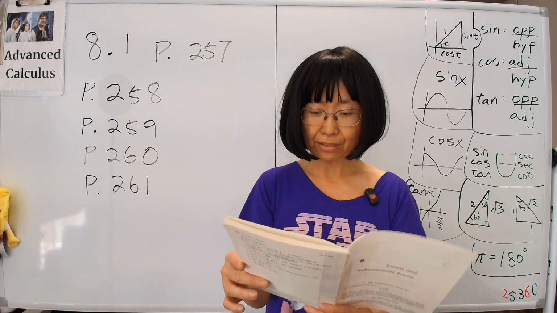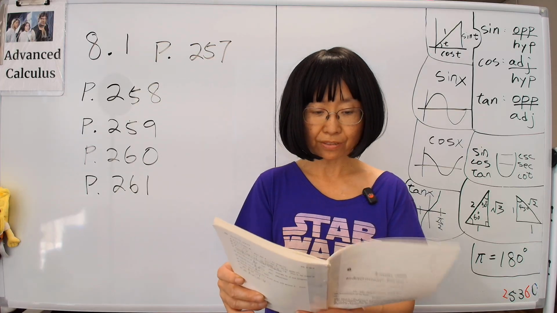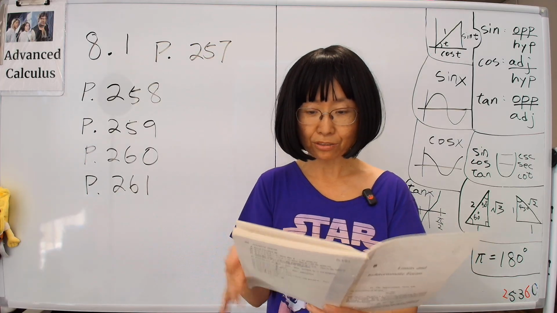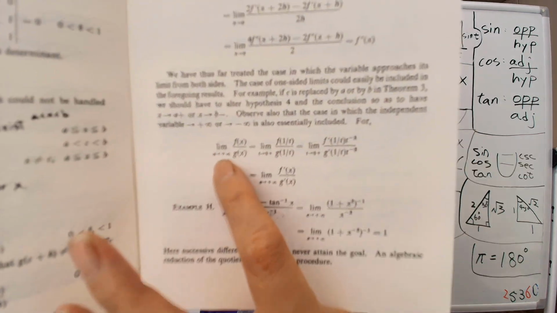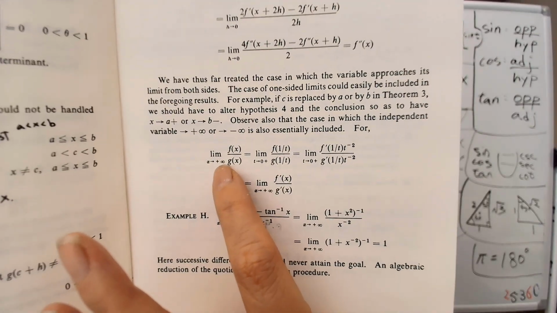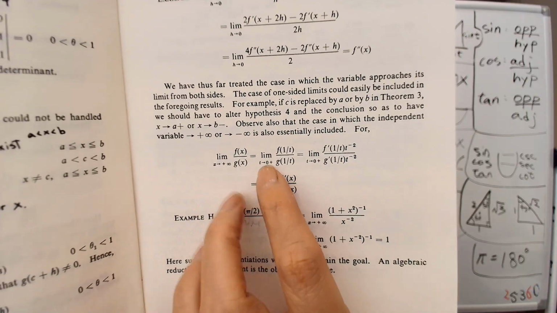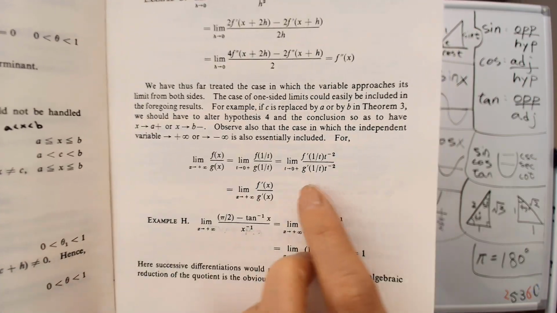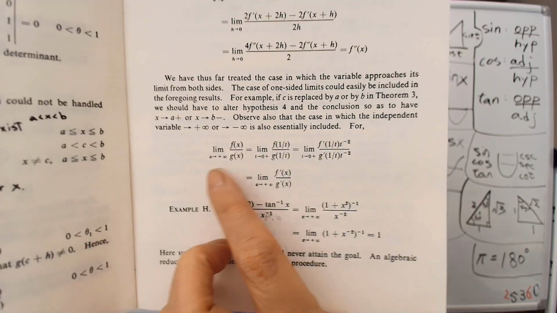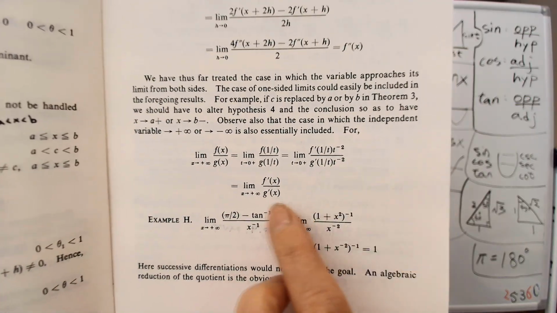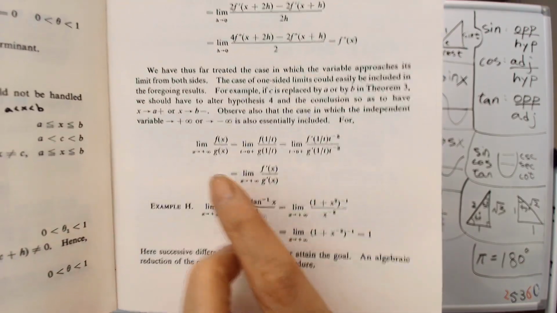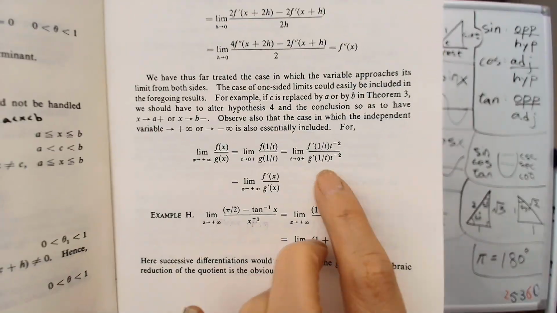Even if the variable is going to infinity or minus infinity, that's fine too, because x going to infinity is the same as t going to 0 with x equal to 1 over t, and some quick manipulation will show that this is the same as the derivative version as x goes to infinity.